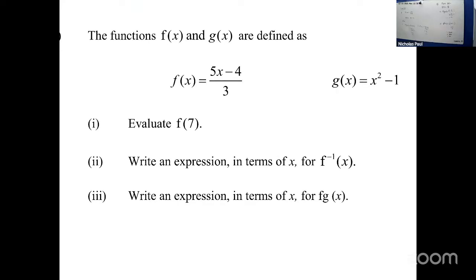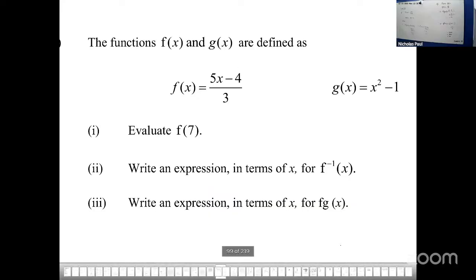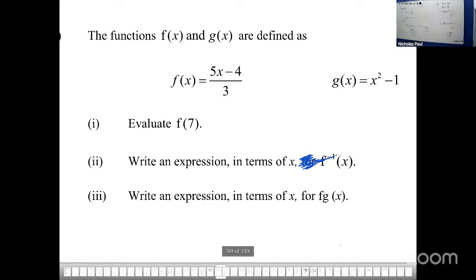Try this one. Try this, but ignore part 2. Part 1 and part 3 alone.